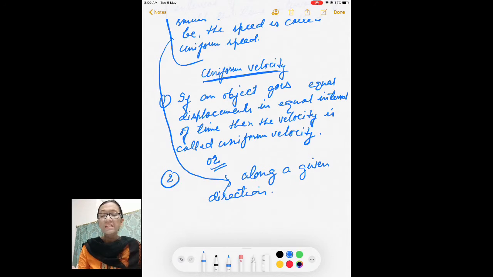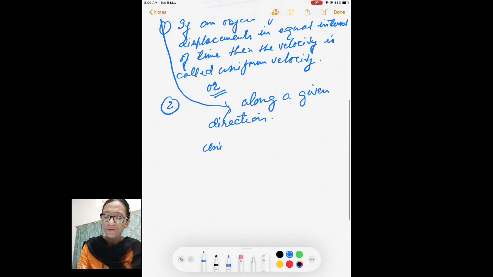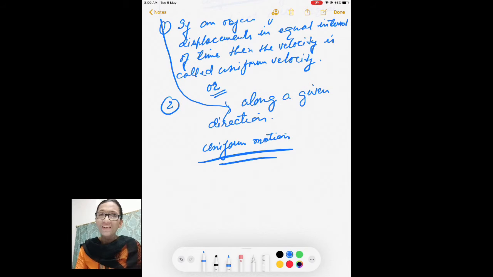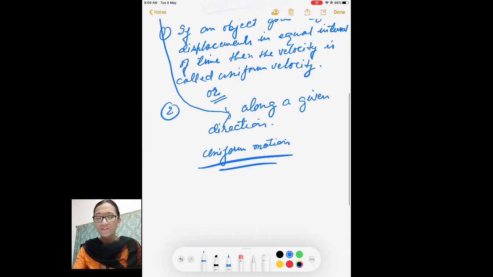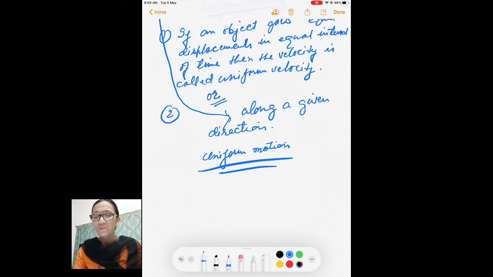So this is how you will be defining uniform velocity. So uniform speed and uniform velocity. And what is uniform motion? When an object is going with uniform velocity, then its motion is called uniform motion.